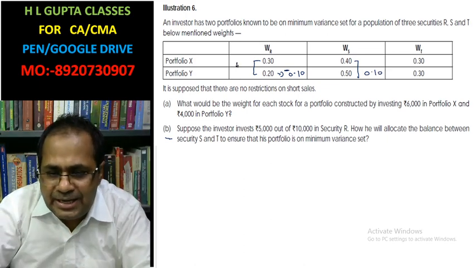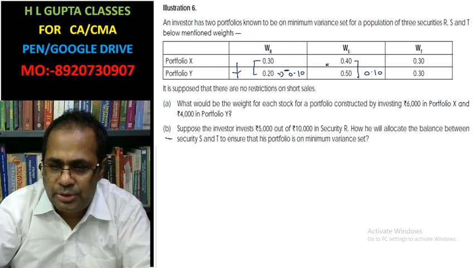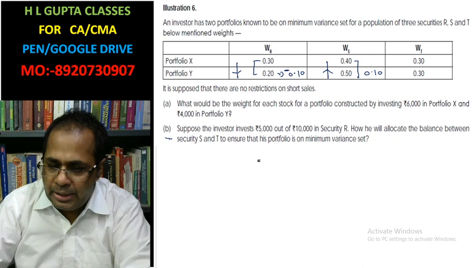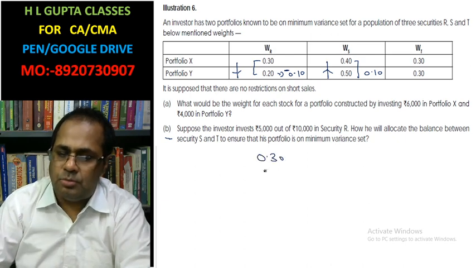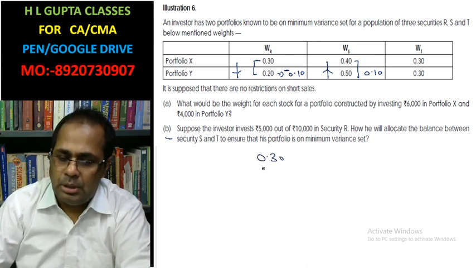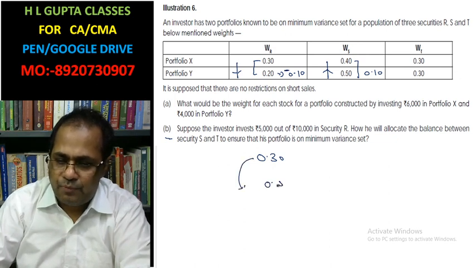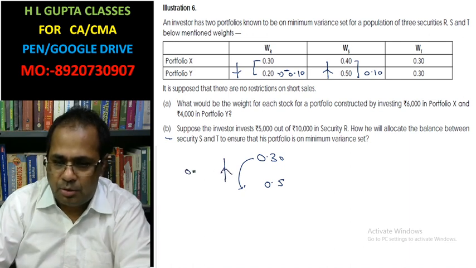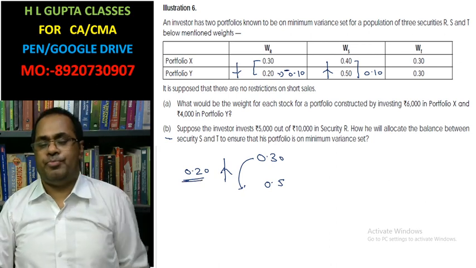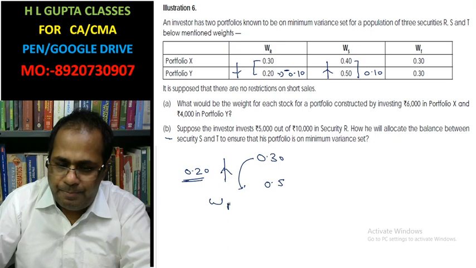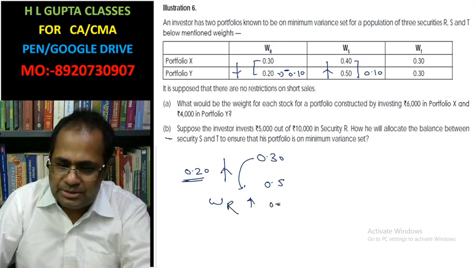Now here 0.30 becomes 0.5, so it is going to increase by 0.20. The weight of R is going to increase by 0.20.